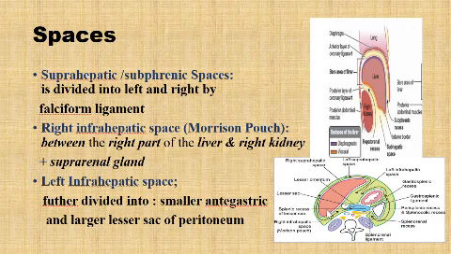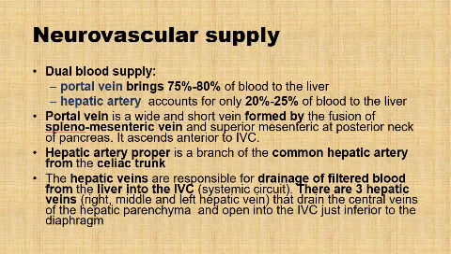You see it is between the liver and the right kidney. Also, you have the left infrahepatic space, which is further divided into the smaller antegastric and the larger lesser sac of peritoneum. So these are the spaces of the liver.